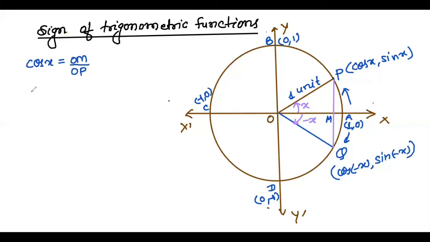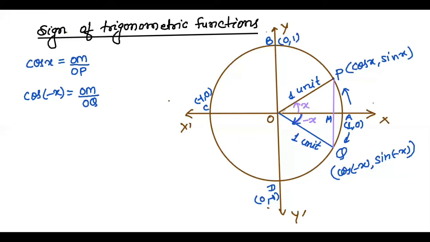Now if you have to find cos of minus x, in the clockwise direction, here it is OM by OQ, and OQ will always be positive, because this is the hypotenuse part, root over p square plus b square. So it will always be positive.